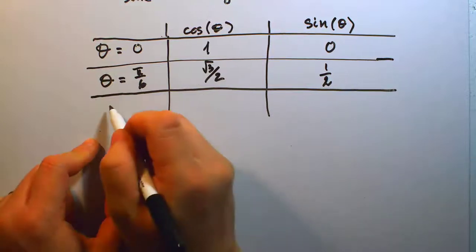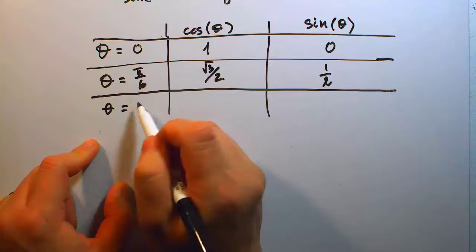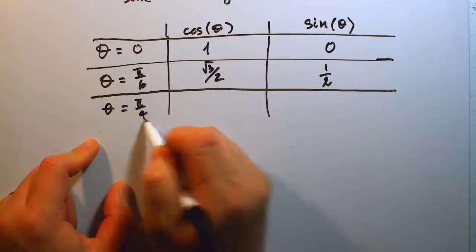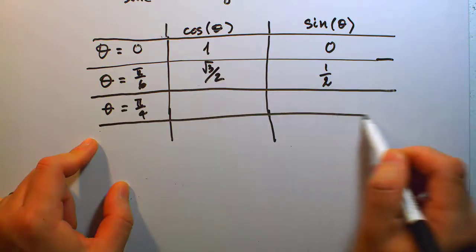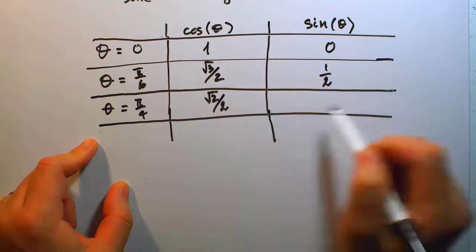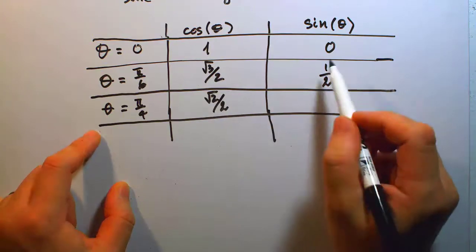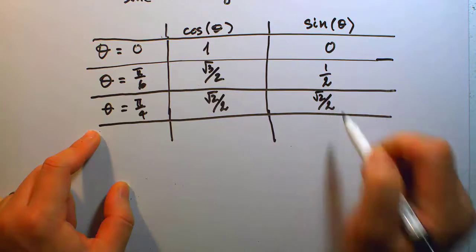And then so on and so on. When theta changed to pi over 4, we got positive square root 2 over 2, and the sine value for theta is square root 2 over 2, a positive value as well.